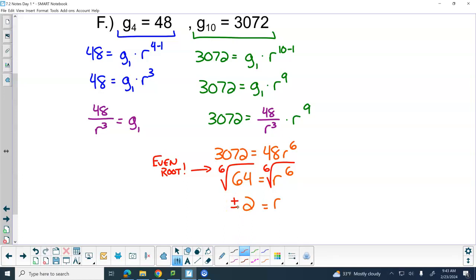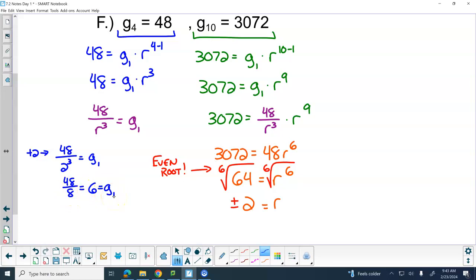Now, you may be thinking to yourself, that doesn't matter. Yeah, it does. Because when you come back here to positive 2, then it's 48 divided by 2 cubed, which is going to be 48 divided by 8, which is going to be 6.